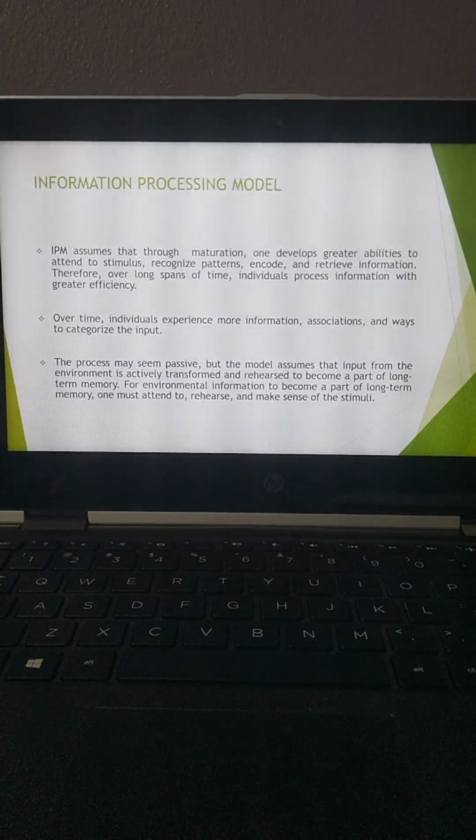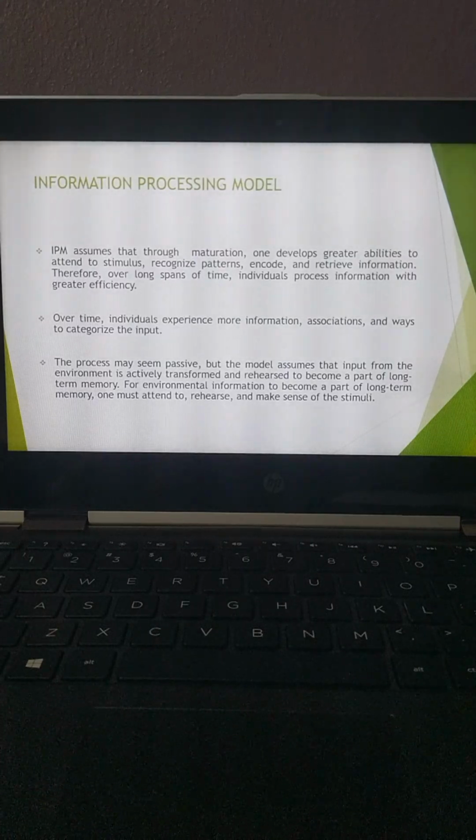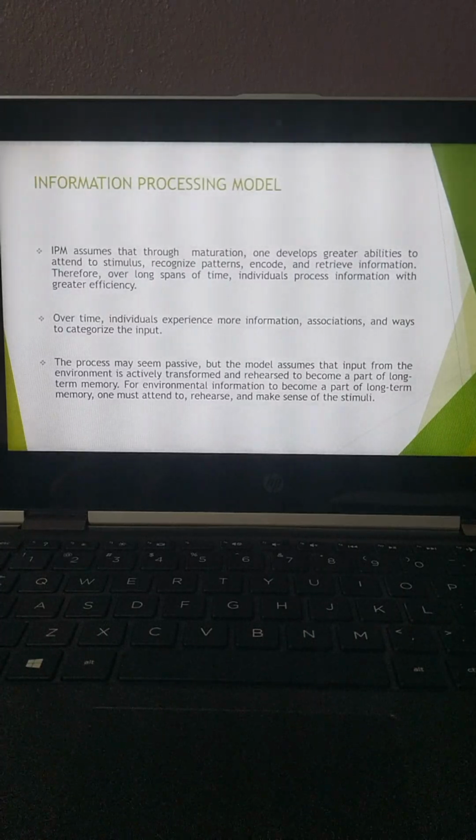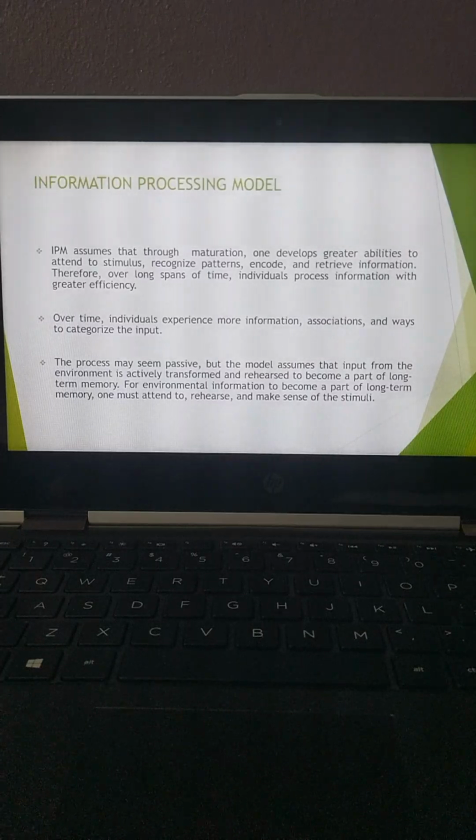The IPM assumes that through maturation, one develops greater abilities to attend to stimulus, recognize patterns, encode, and retrieve information. Therefore, over long spans of time, individuals process information with greater efficiency. So, like I said before, as we grow, we begin to make meaning of the information we get around us.